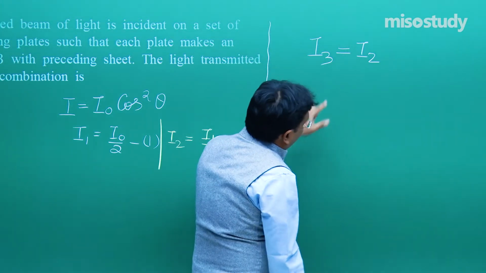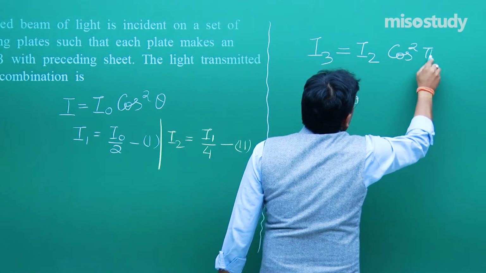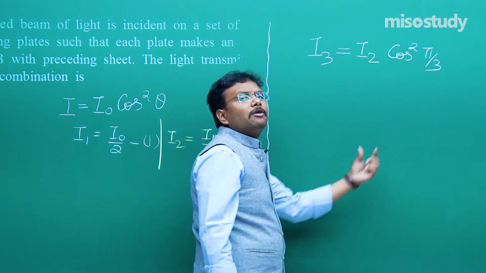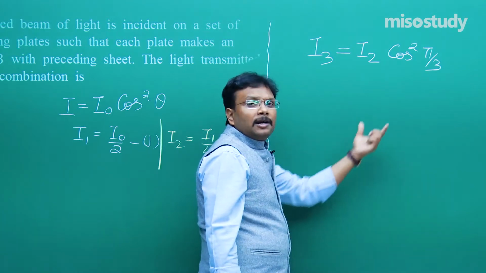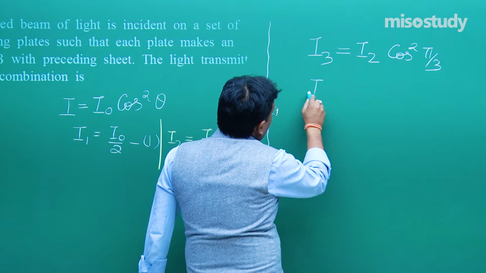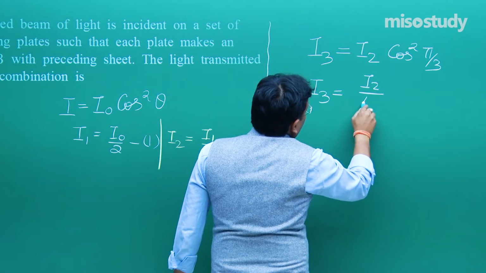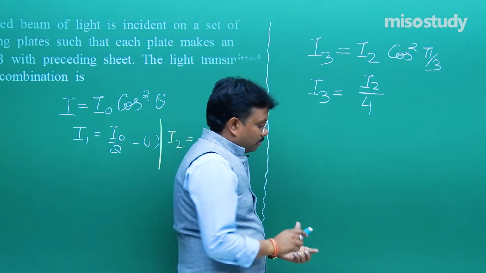Let us put the value as such. Now it is again going to be how much? 1 by 4. So you can say I3 is equal to I2 by 4. Equation number 3. Fine.